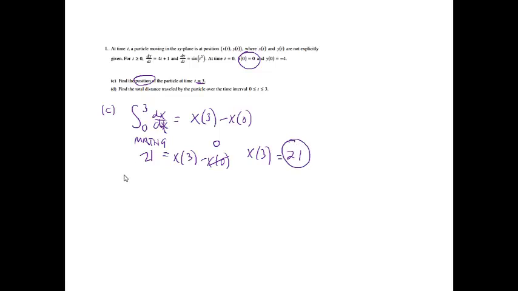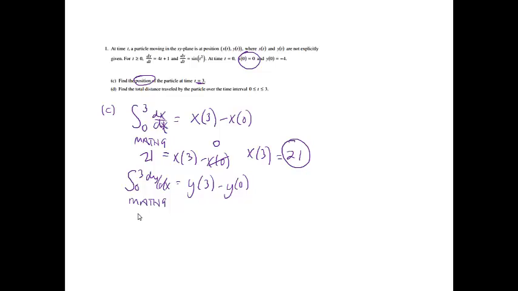Then doing that same thing for the y value, we go from 0 to 3 of dy/dt. That will equal y of 3 minus y of 0. Again, we'll use the Math 9 feature on the left side.